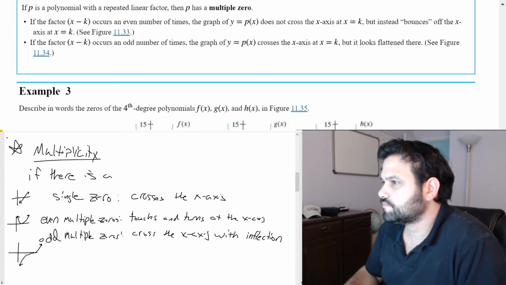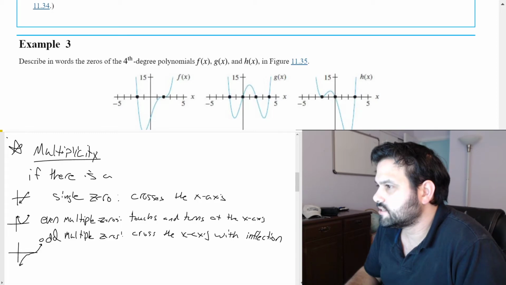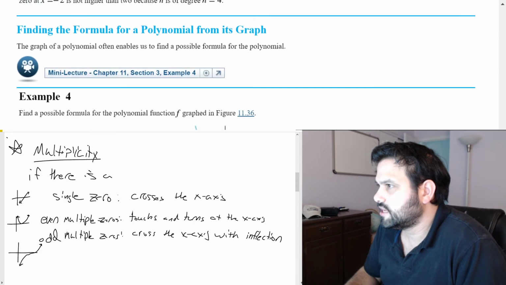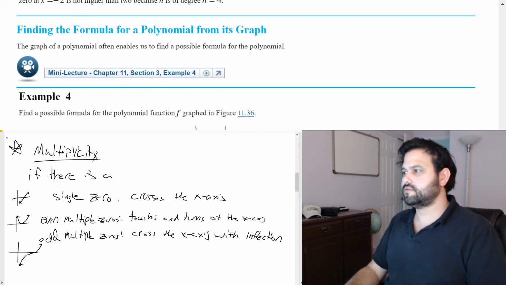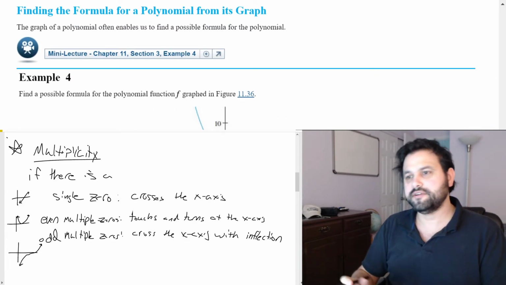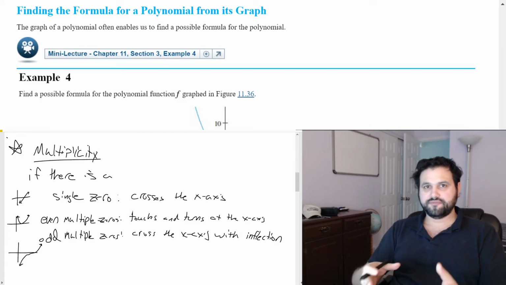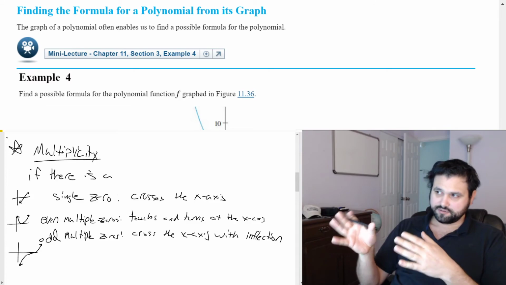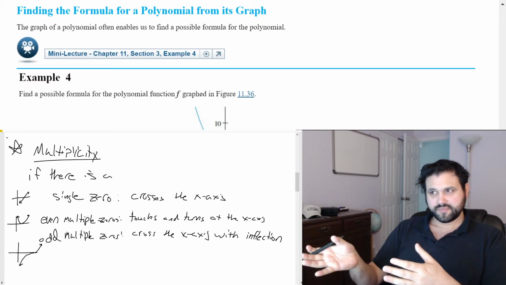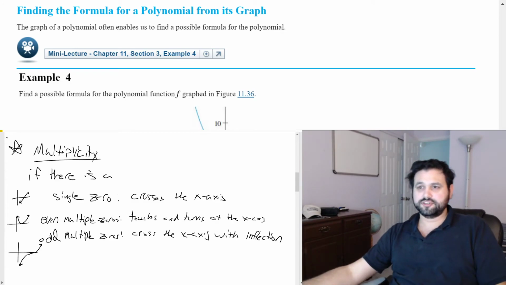So let's take a look at example 4. This is really the main part of this section. Putting all this together, knowing the connection between zeros and factored form, we can now look at a graph and write a possible polynomial function.